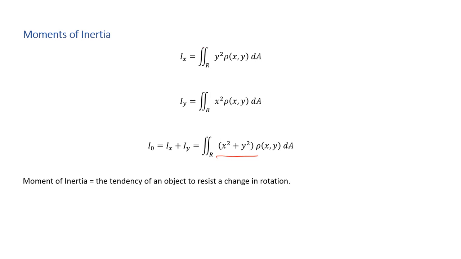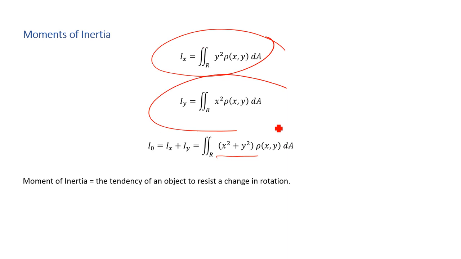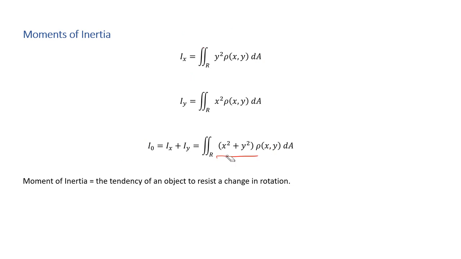So these moments of inertia, again, are the tendency of the object to resist a change in rotation about the x-axis, about the y-axis, and then about the origin. Once again, I really want to focus on the computations. Really, the goal of this section is to give us some more practice in computing these double integrals and then eventually triple integrals.